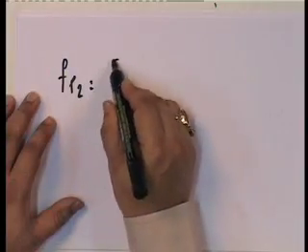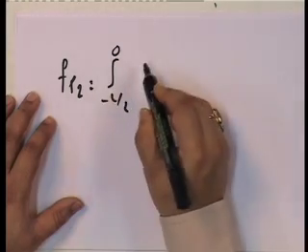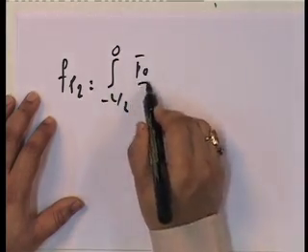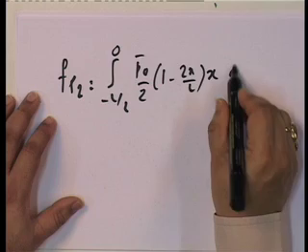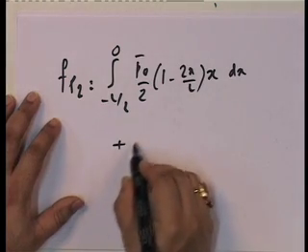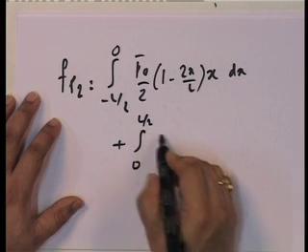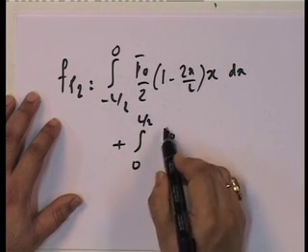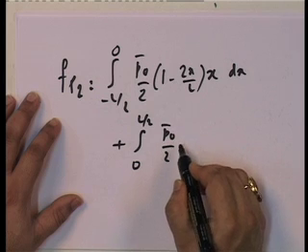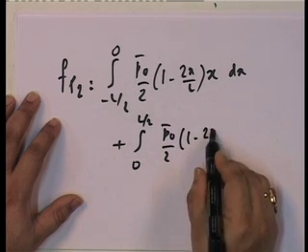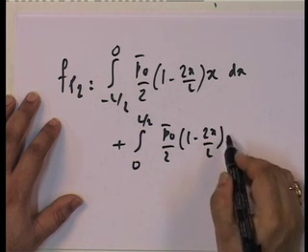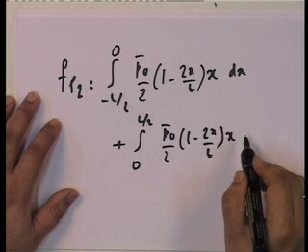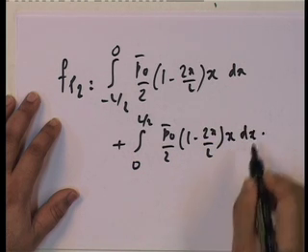So, f p 2 is going to be equal to minus L upon 2 to 0 P bar 2 1 minus 2 x into x dx plus 0 to L by 2 1 minus 2 x upon L x dx.